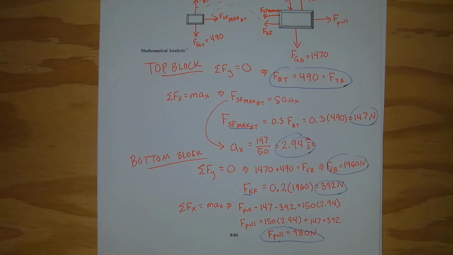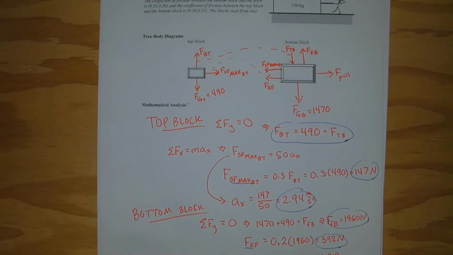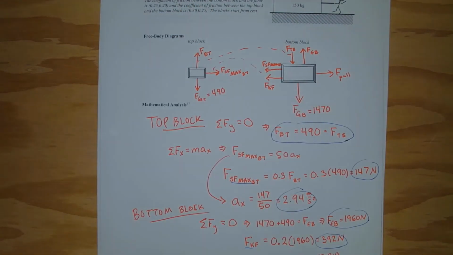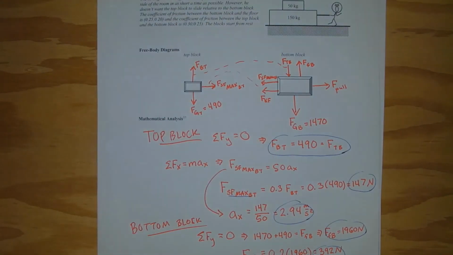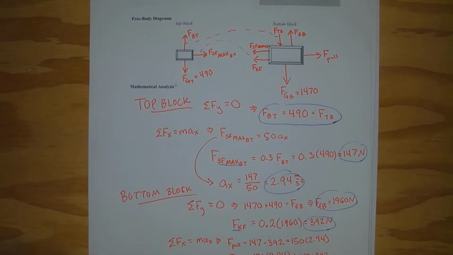And there's not any kinematics to do here because you don't know how far he has to pull the block, so it says in as short a time as possible, but we don't know how far he's going. So we found everything that we could find.